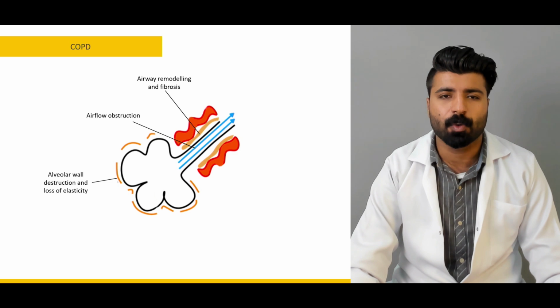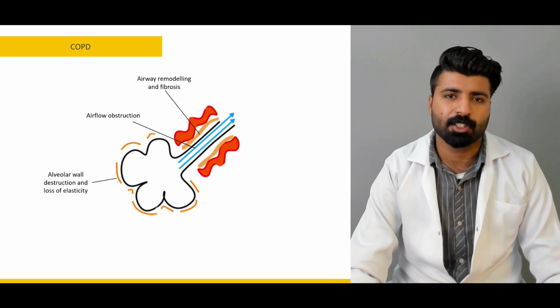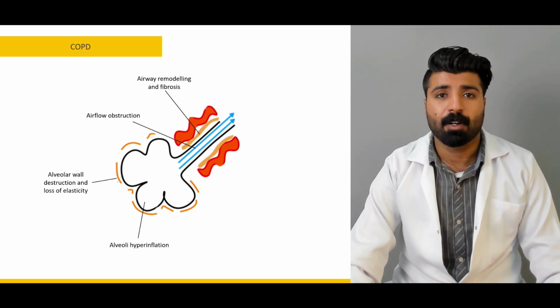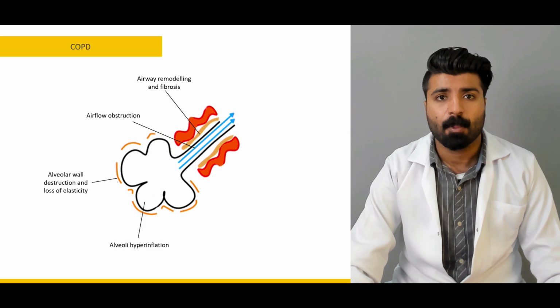Because elasticity is going, those alveoli are not even functional at their best. So they are not even contributing in the exchange of the gases that's happening inside the body. Alveoli will hyperinflate. Why? Because they do not have any elastic power.